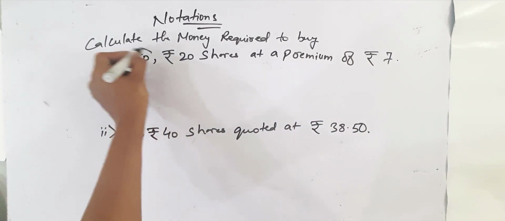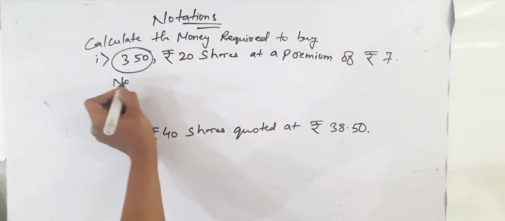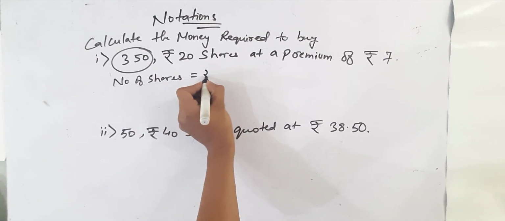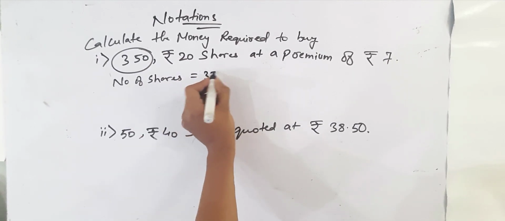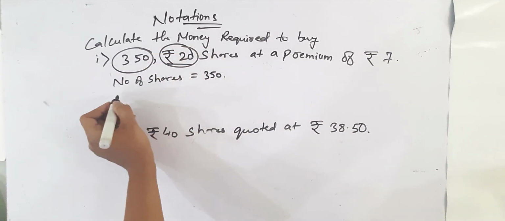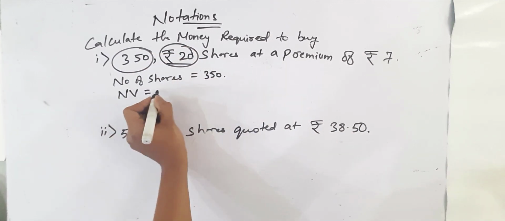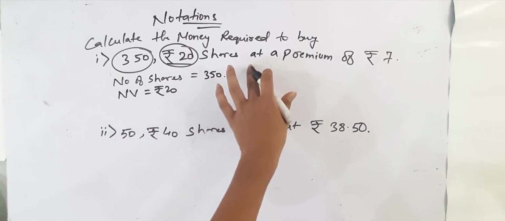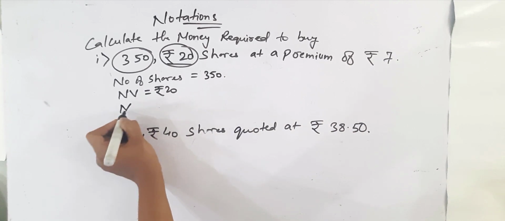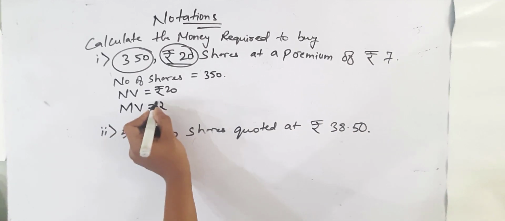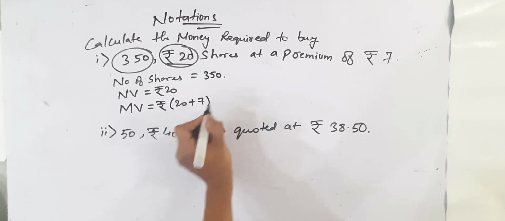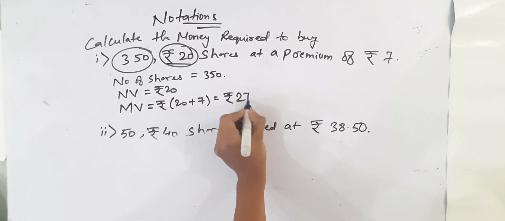So here 350 is the number of shares, and rupees 20 shares means the nominal value of a share is rupees 20, available at a premium of rupees 7. Premium means higher, that means market value is 7 more than 20. So it will be 20 plus 7, that is rupees 27.